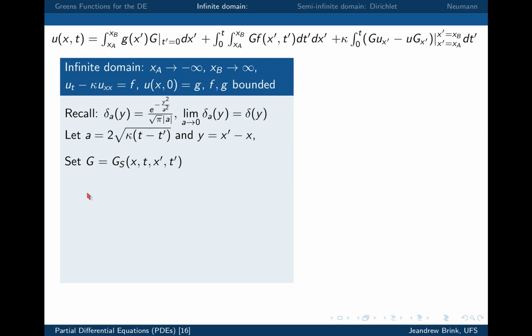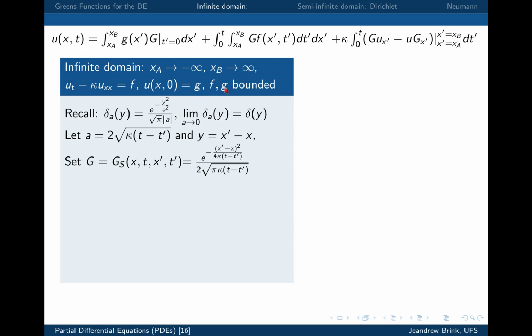So, given the experience we had in the last lecture, we're going to use this as an ansatz for our Green's function. And here I'm just going to show that this thing satisfies all the properties we required of the Green's function.